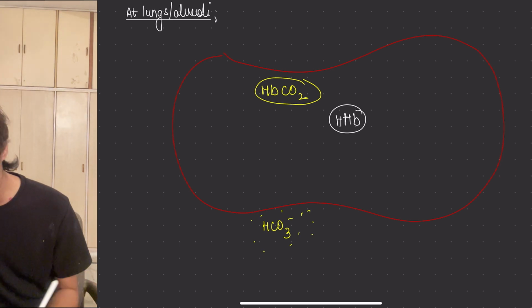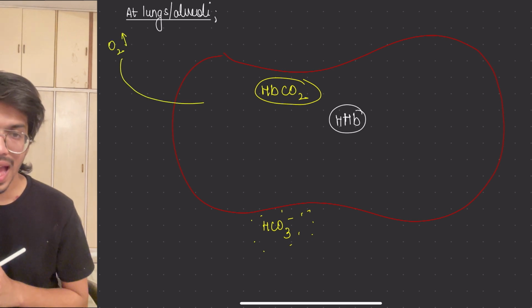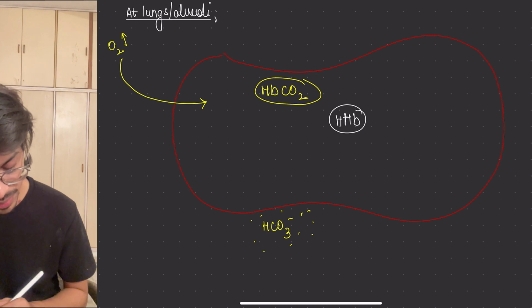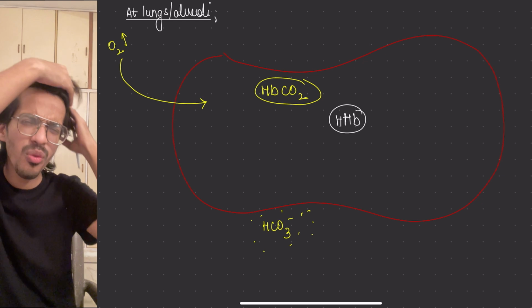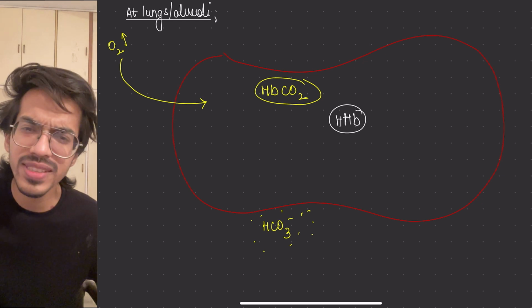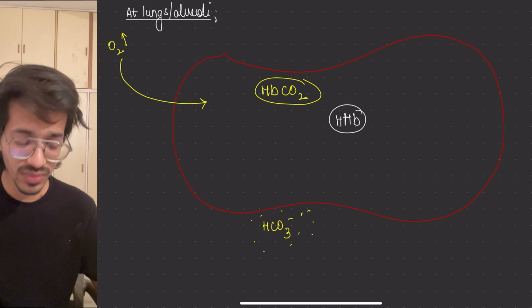But at the alveoli level, what happened? Oxygen level is high, and oxygen goes inside. If the oxygen concentration is high, then the hemoglobin is like, why am I there with carbon dioxide? Carbon dioxide doesn't seem good.